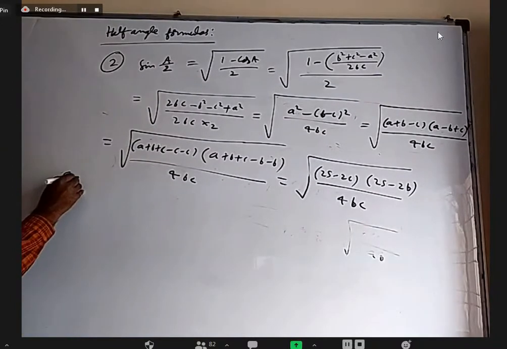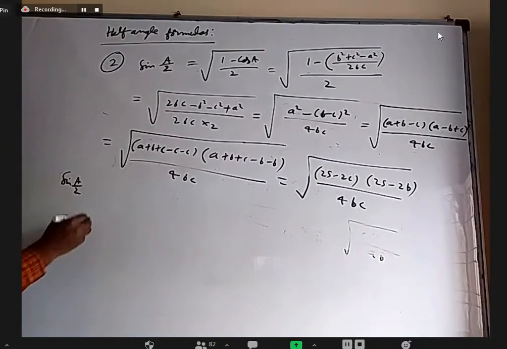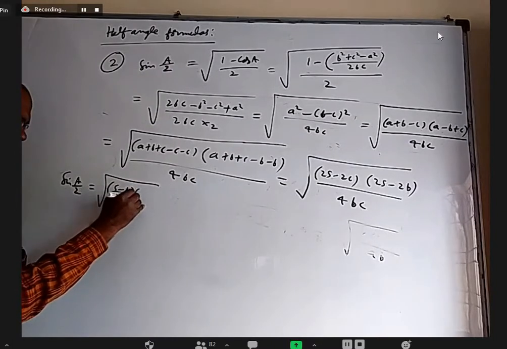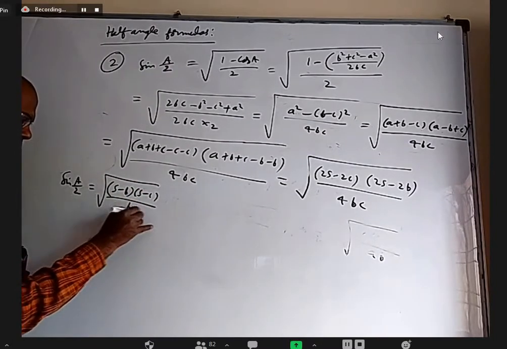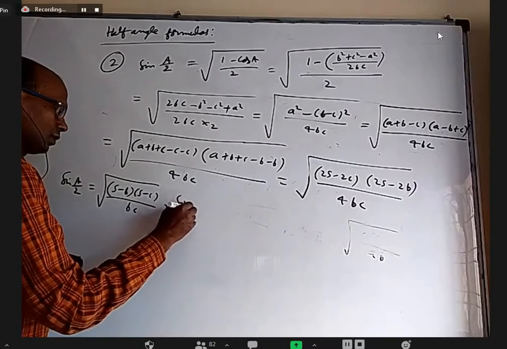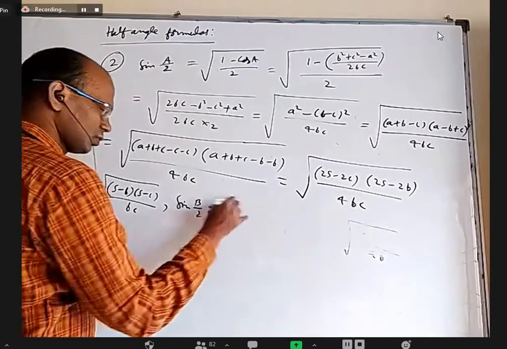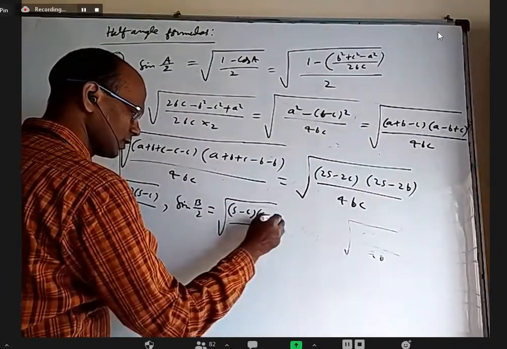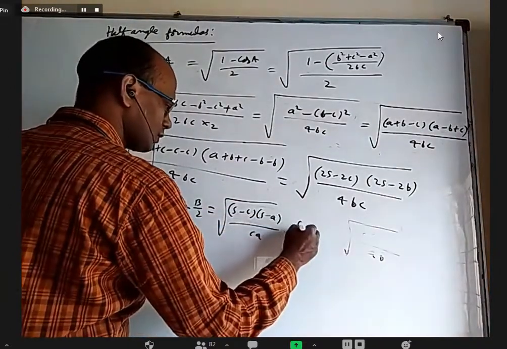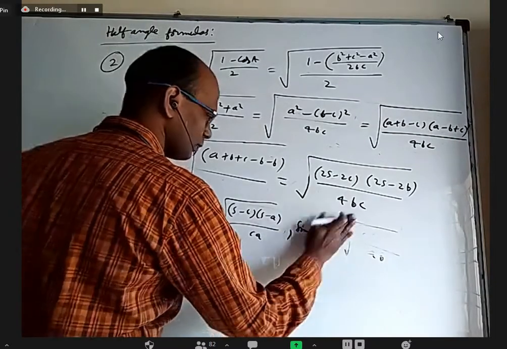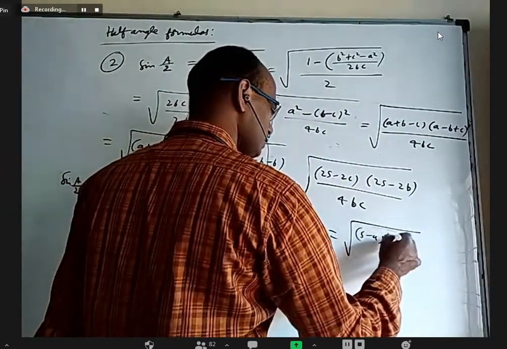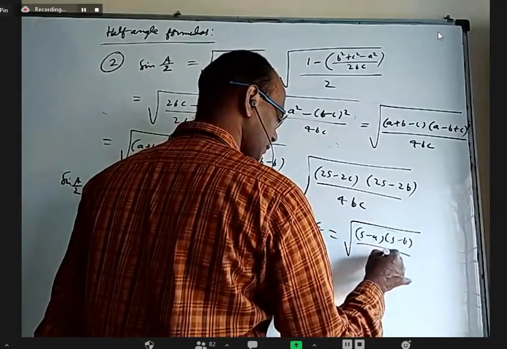So sin A by 2 is equal to root over (s minus b) into (s minus c) by bc. Sin B by 2 is root over (s minus c) into (s minus a) by ca. And similarly, sin C by 2 is square root of (s minus a) into (s minus b) by ab.